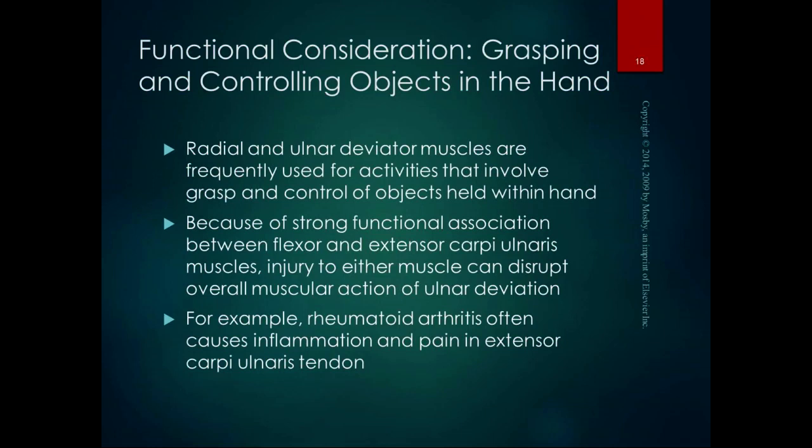So someone with rheumatoid arthritis, they have inflammation in most of the small joints in their body. It's an autoimmune disorder, and a lot of times they have pain in that extensor carpi ulnaris tendon. So people with rheumatoid arthritis are often getting hand therapy, and bracing can be really helpful, strengthening can be really helpful.